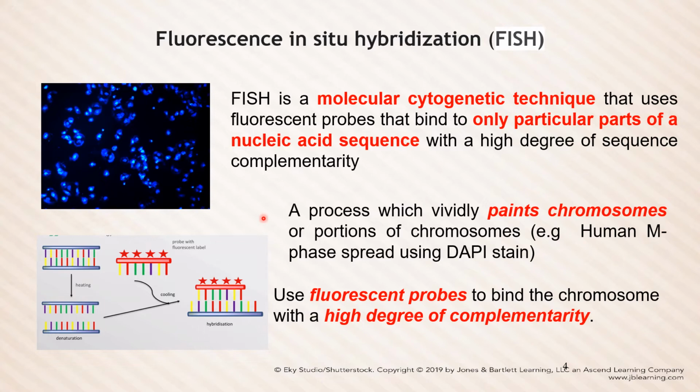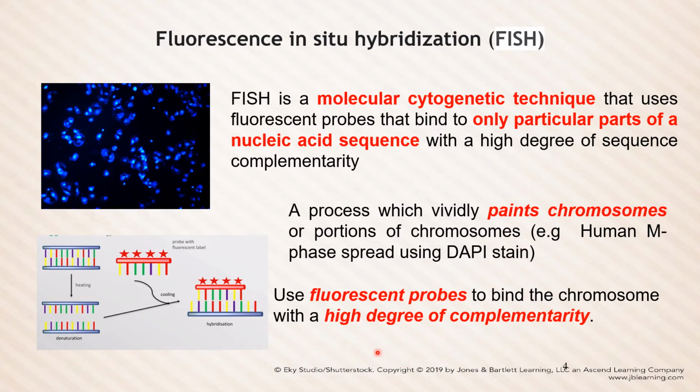There are many. What they are doing is a process which vividly paints the chromosomes or portions of the chromosomes. And possibly one of the most common that you will hear is DAPI, and DAPI labels the nucleus.